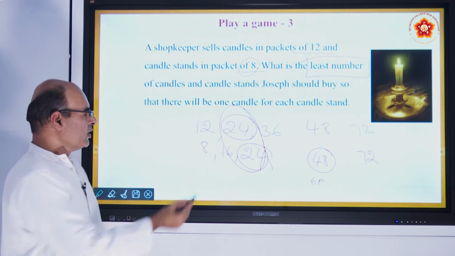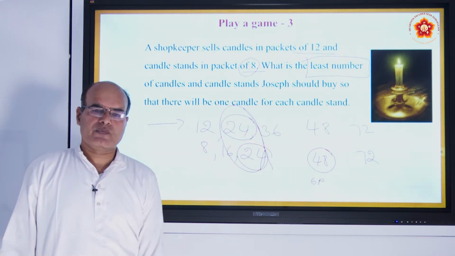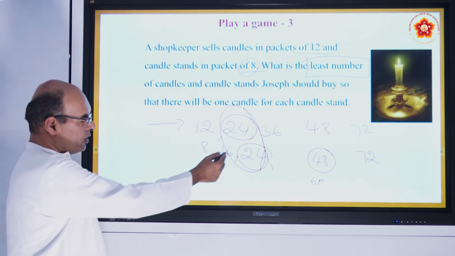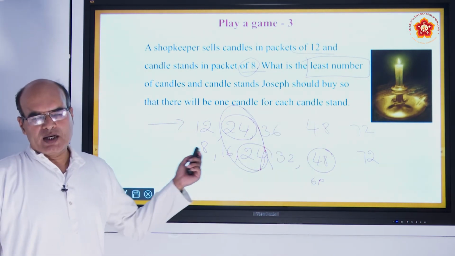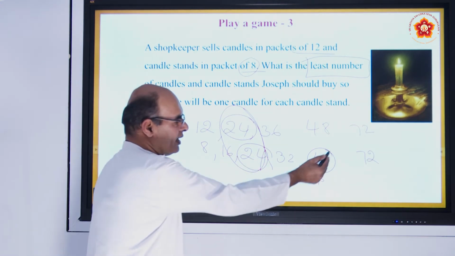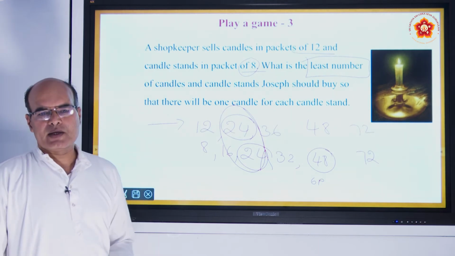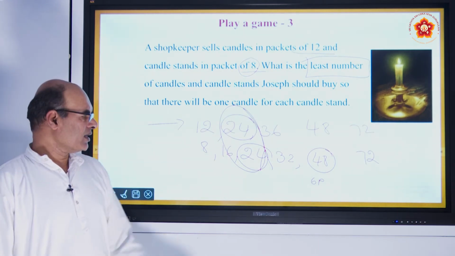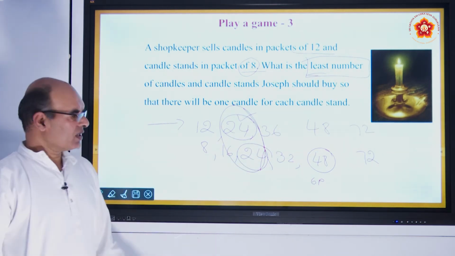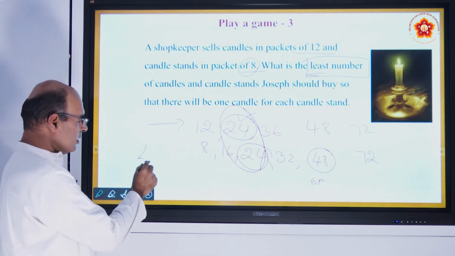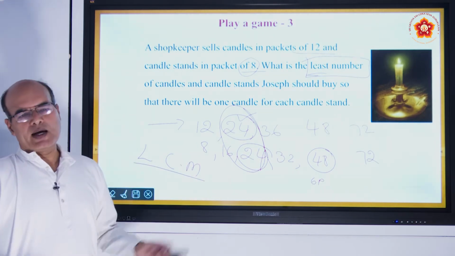You already know that 12, 24, 36, 48, 72, all these are multiples of 12. 8, 16, 24, then 32, then 40, 48, all these are multiples of 8. 24, 48, 72, these are all the common multiples of 12 and 8. So among those common multiples, 24 is the least. Therefore this 24 is called the LCM, least common multiple of 12 and 8.